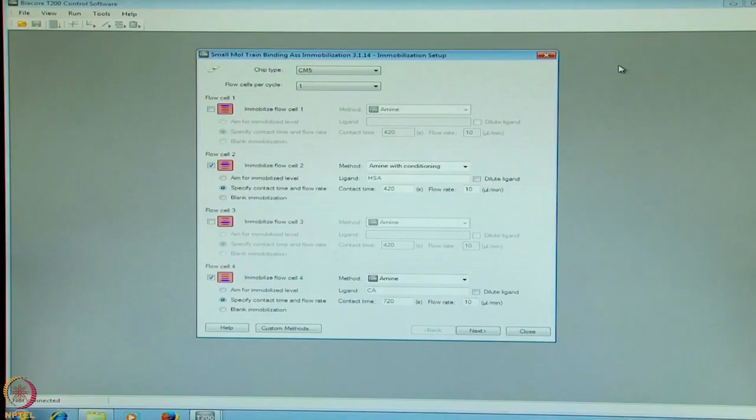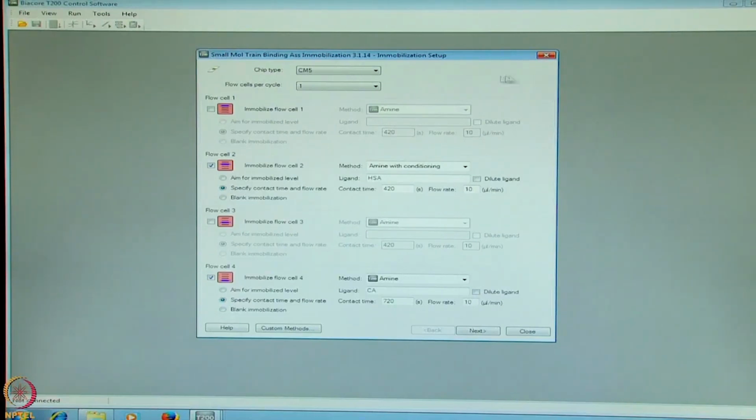In this session, we will understand the interaction of proteins with small molecules. So, to start with small molecule interaction, we have to start again with the immobilization. We go into binding or screening and we go into kinetic mode to determine the affinity of small molecules.